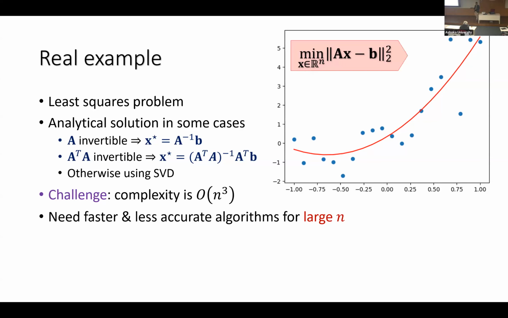I don't care about the accuracy. I can live with less accuracy, but I just want to run my algorithm in the first place. So there are lots of iterative optimization algorithms which take less than n cube, like order n, and still work. So this is another motivation for studying optimization algorithms, even if you know the analytical solution.